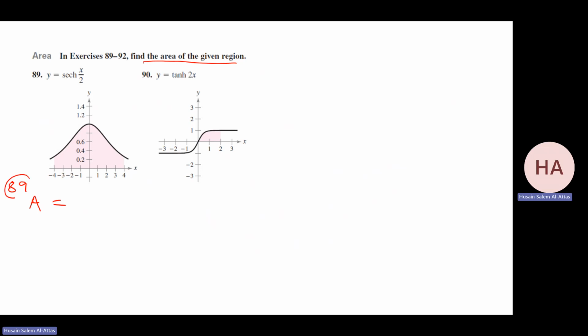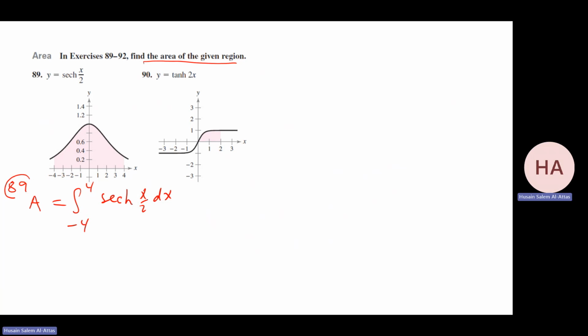Very clear, the area will be the integral from -4 to 4 of secant hyperbolic x over 2 dx. We can make it double, because it's an even function, or we can do it by the calculation. So what I have is secant hyperbolic x over 2.